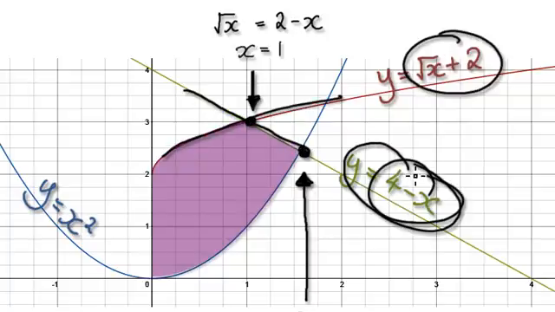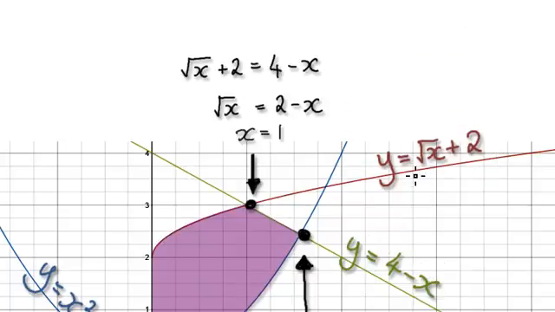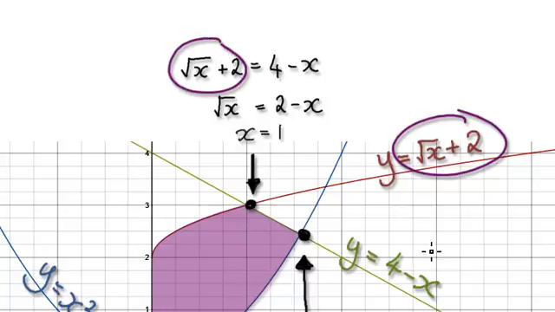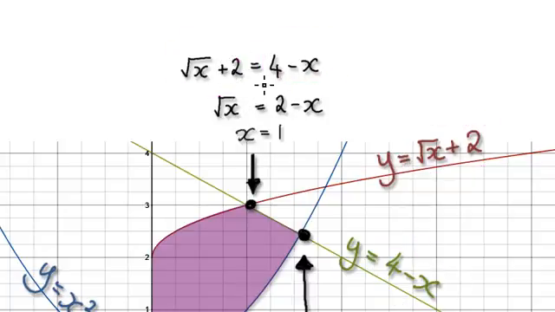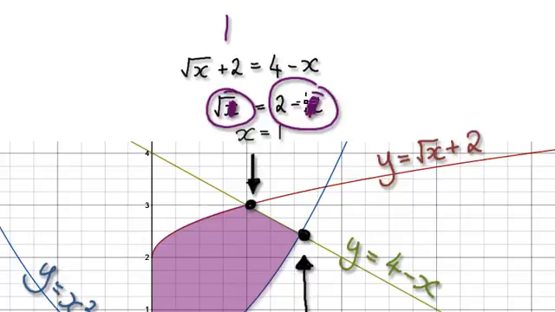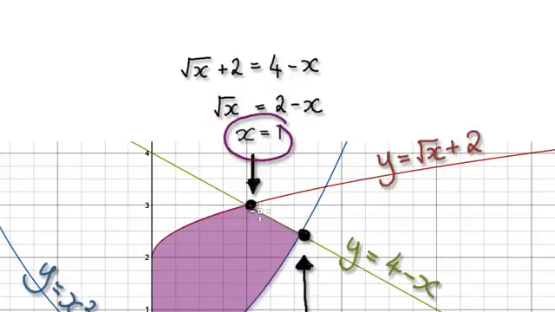So set this to equal this, which takes you to here, and then take away 2 from both sides. When you're here, you can see that if you put 1 into the x, the square root of 1 is 1, and 2 take away 1 is 1. So x does equal 1.